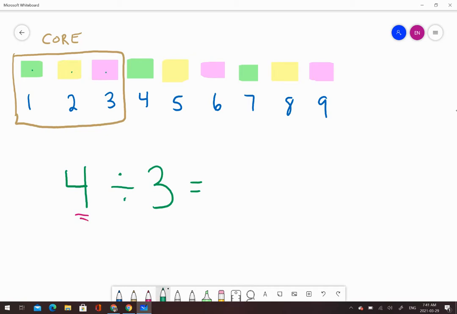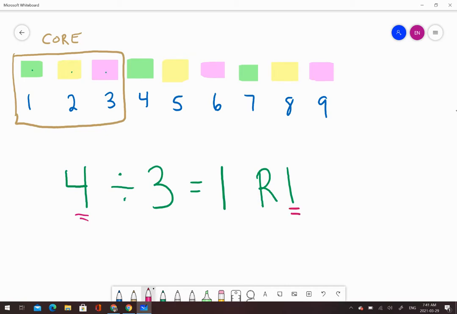So 3 goes into 4 evenly one time, and that gives me 3. But to get to 4, I have to add 1 more. So I have a remainder of 1. It doesn't go in evenly. This remainder is what's going to be helpful.